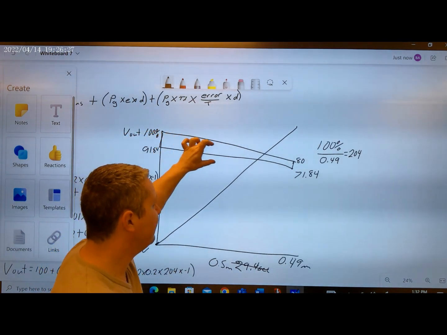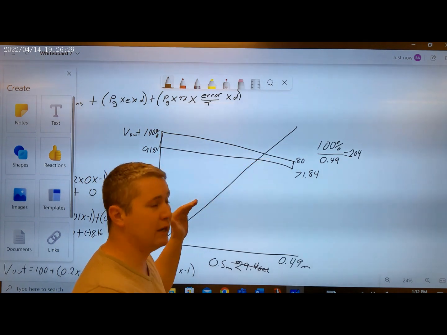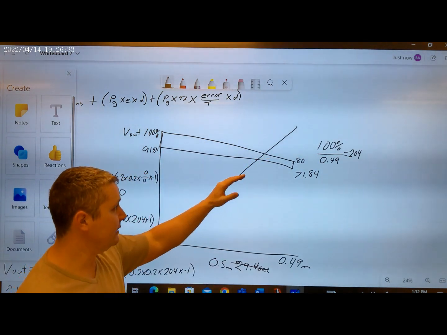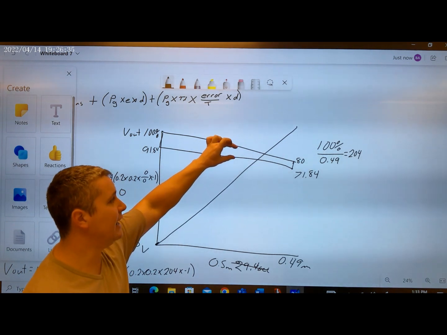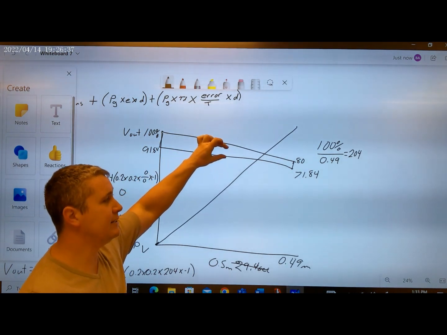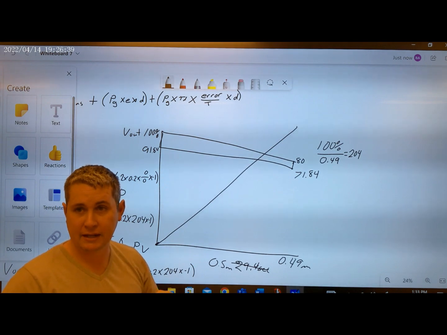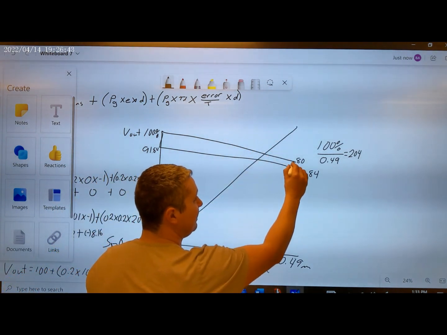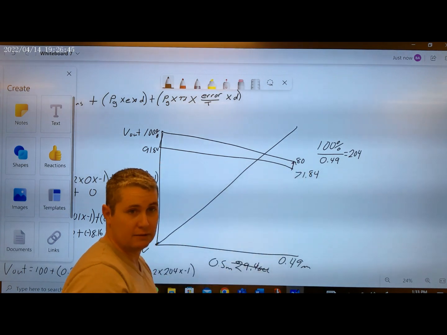And it added that the entire way that the ramp rate was there. Whenever there was a ramp rate, there was that extra minus 8.16. As soon as the ramp rate stopped, this jumped back up to 80.